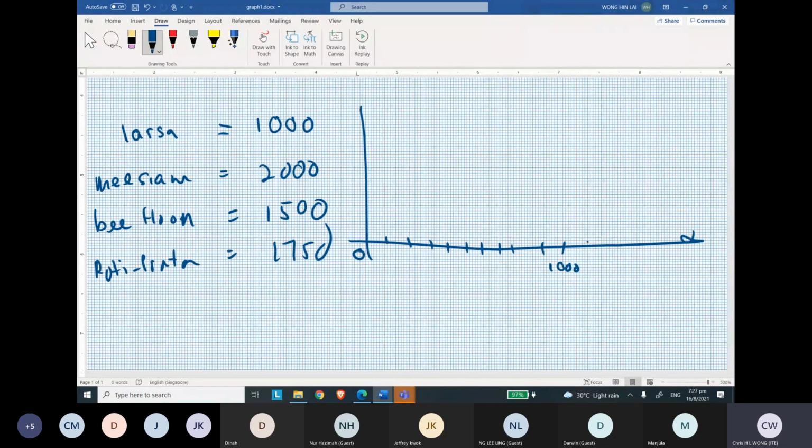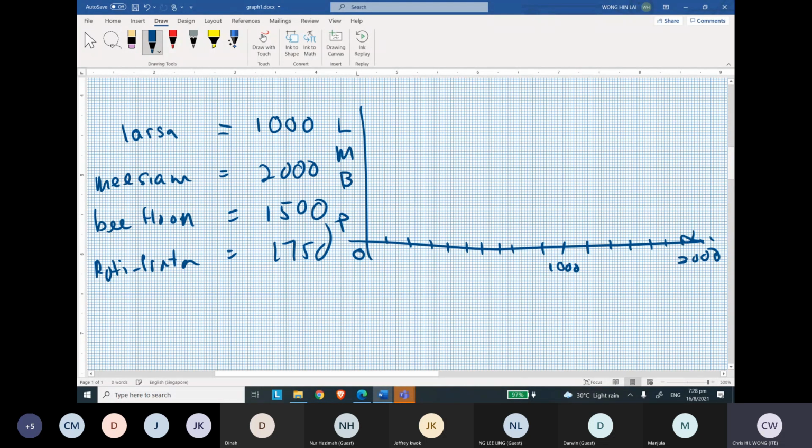Then you have 1,100, 1,200, 1,300, 1,400, 1,500. Let's say it's 2,000 here. Okay, for example. So you can see your bar graph becomes like that. This is laksa, this is your mee siam, this is your bihun, this is your prata.